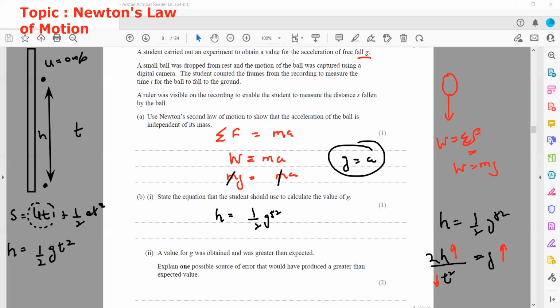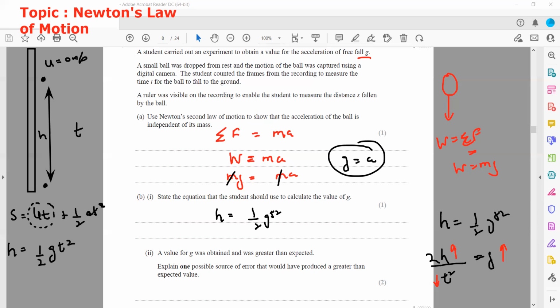So what might happen due to the parallax error? Maybe we did not measure the height accurately. The measured value of the height is greater than the actual value. That's why we are getting a higher value of g. Or in the time recorded, counting the number of frames, there is an error, so we counted fewer frames.